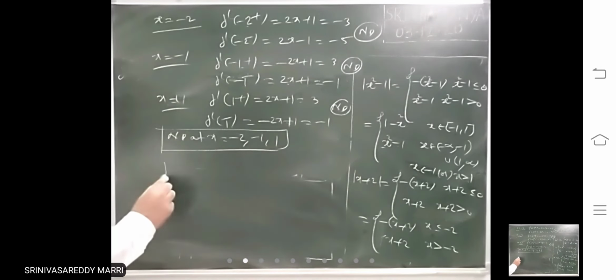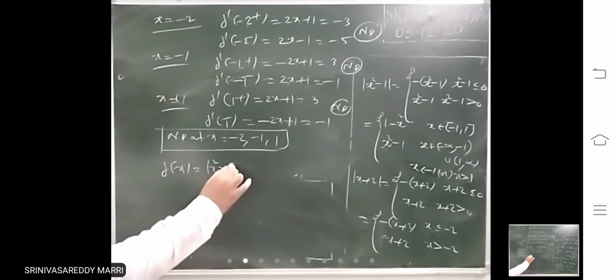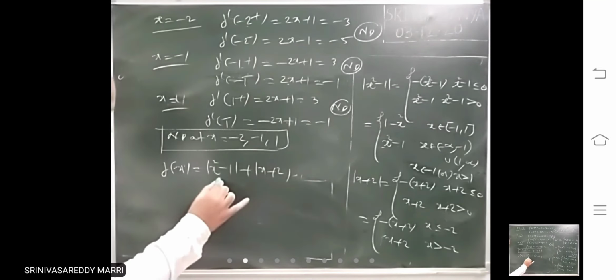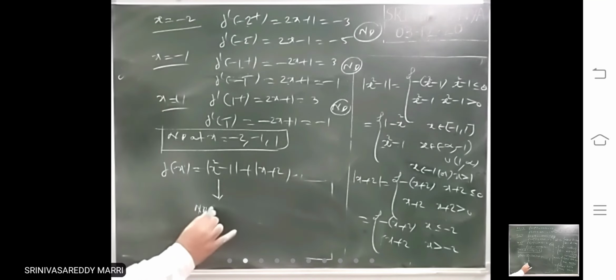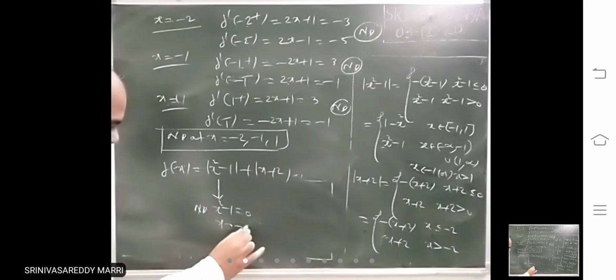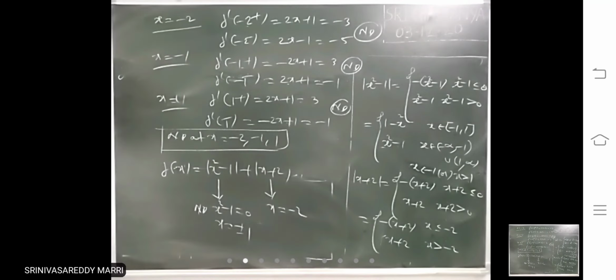Or otherwise you can do it like this. Another method is what we discussed yesterday. This function is not differentiable where minus 2 over these 3 points.